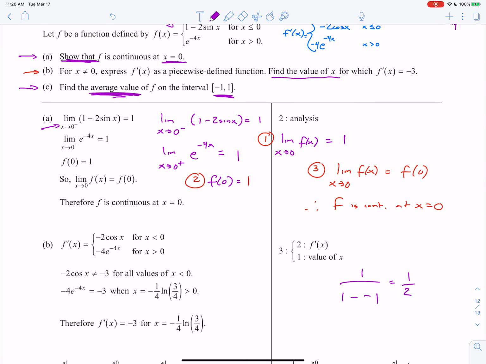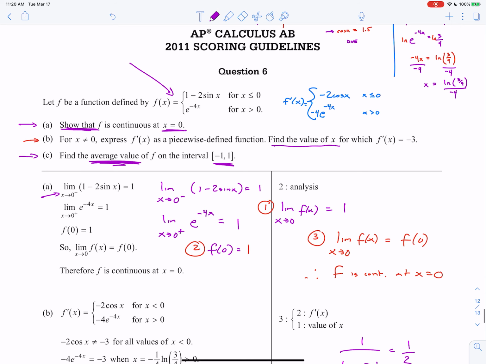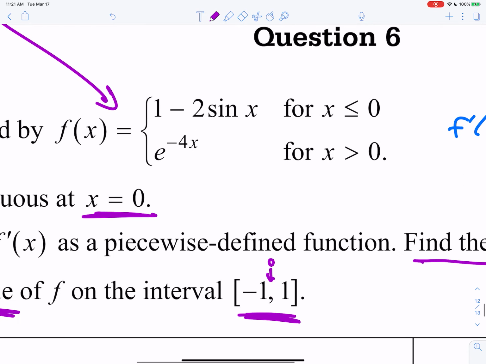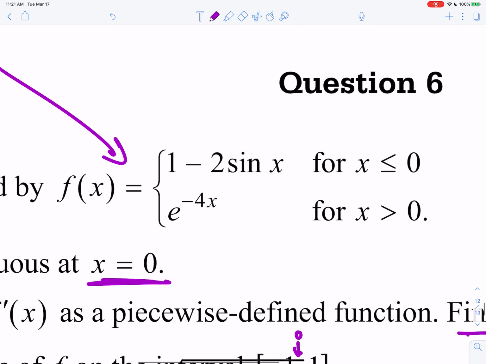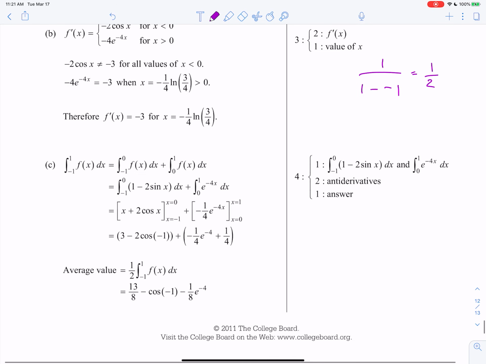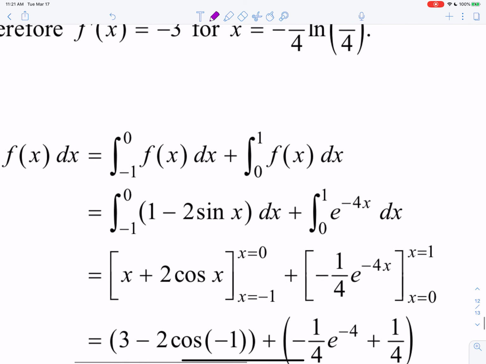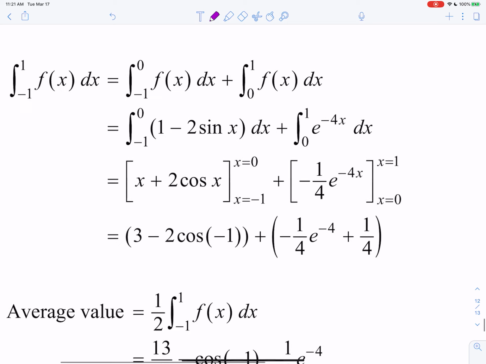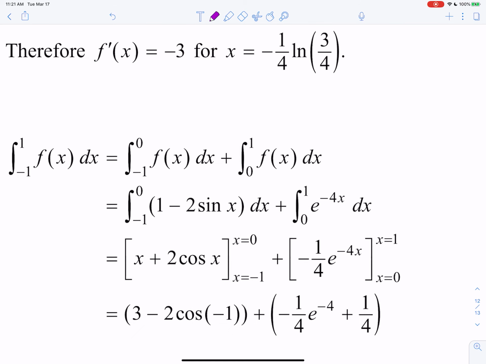What makes this a little bit more challenging is because when you're traveling from negative 1 to 1, you will eventually pass 0. And 0 is actually the defining moment when your function changes. So we actually have to create two different functions here. We're just going to figure out the value and then we'll take the average of it later, okay?